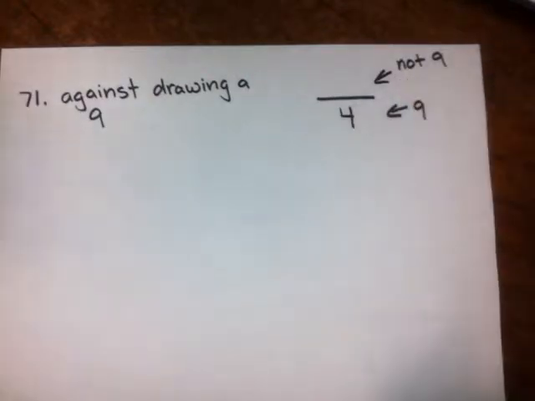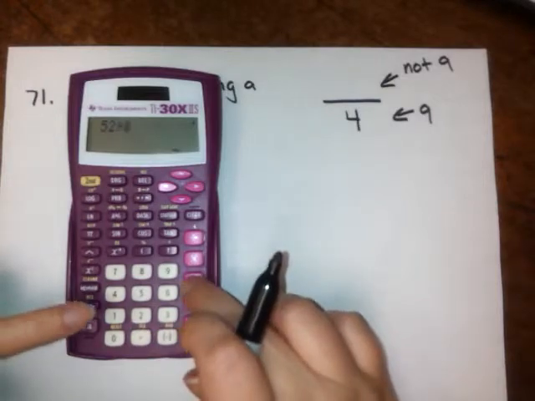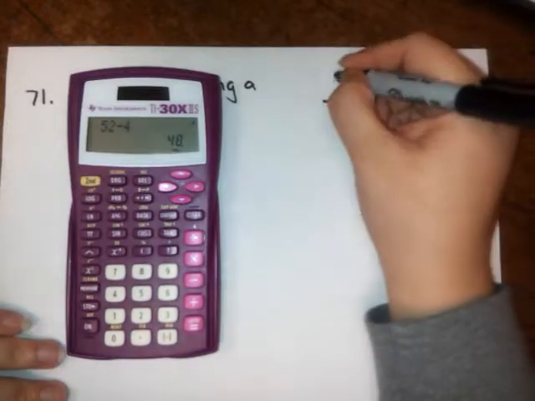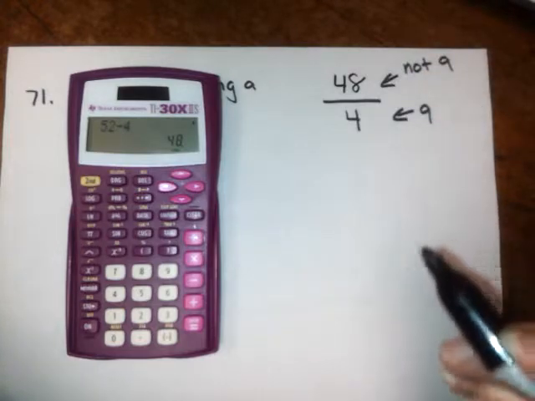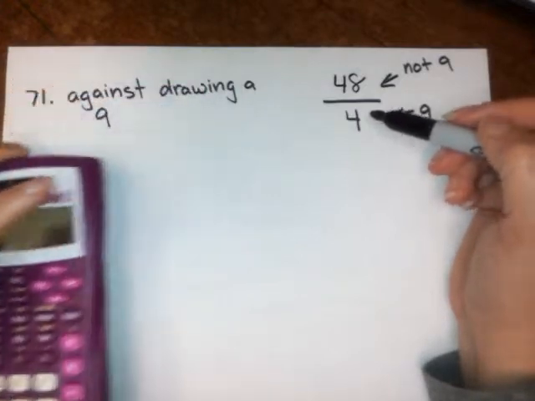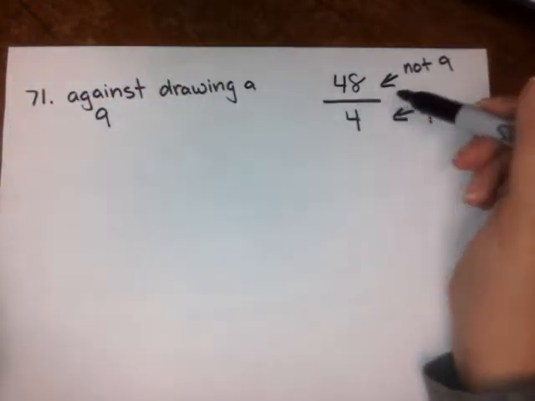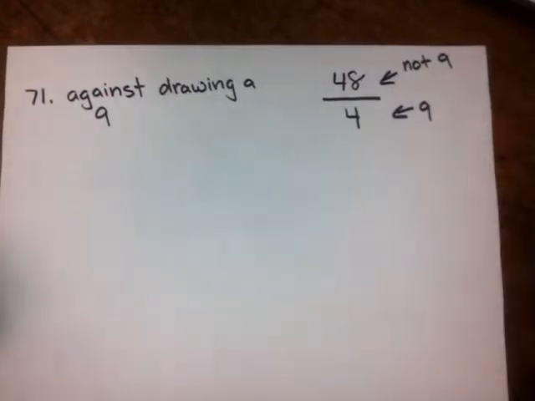How many cards in that deck are not a 9? Well, 52 cards minus 4 gives us 48. So our odds against drawing a 9 are 48 to 4. Again, that can be simplified, but you don't have to simplify it for the handwritten tests.